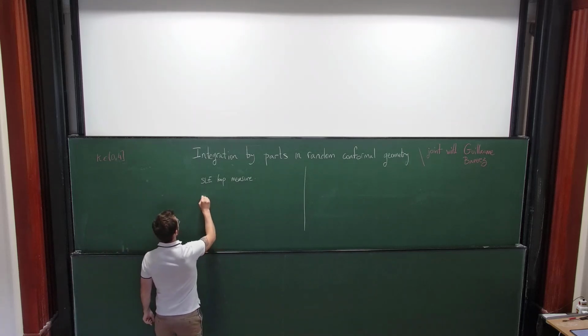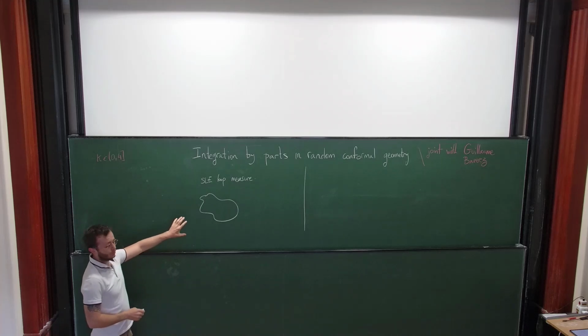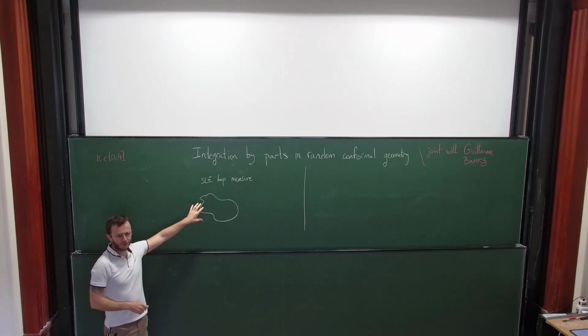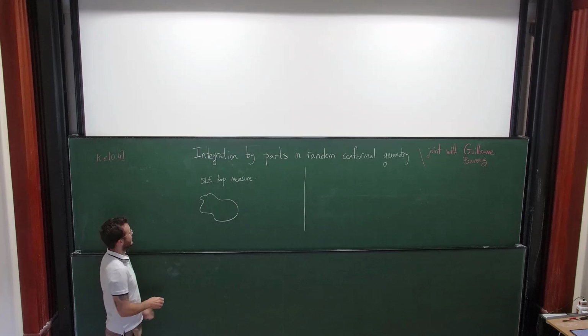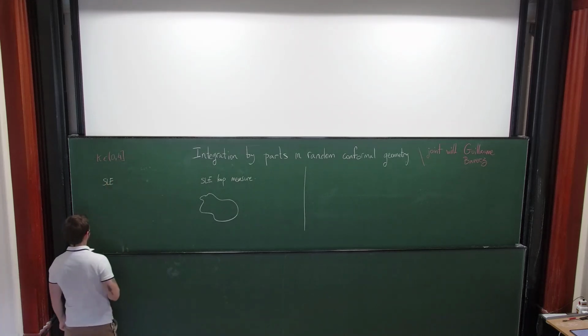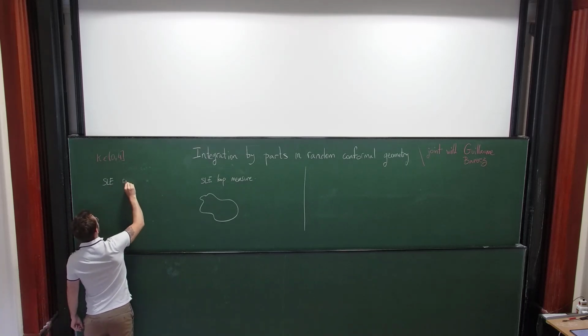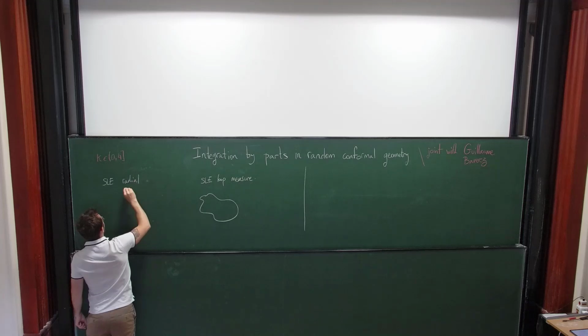So the SLE loop measure is like a measure on these types of curves. So we have like a loop case. What people are usually more used to is, let's say, radial SLE or chordal SLE.